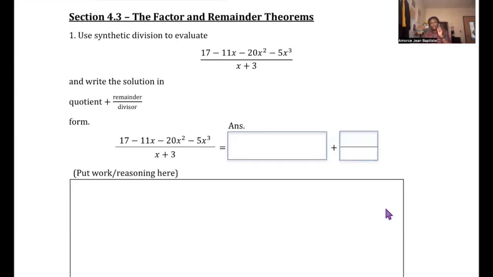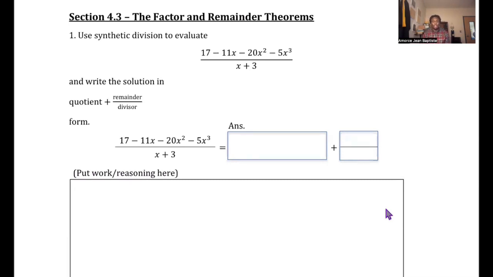Okay, so we are now working on our next topic, topic 4.3, which is about the factor and the remainder theorem.